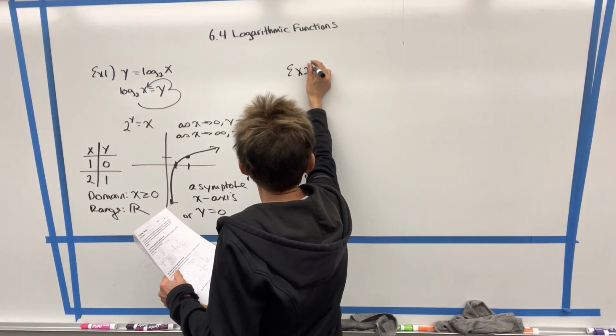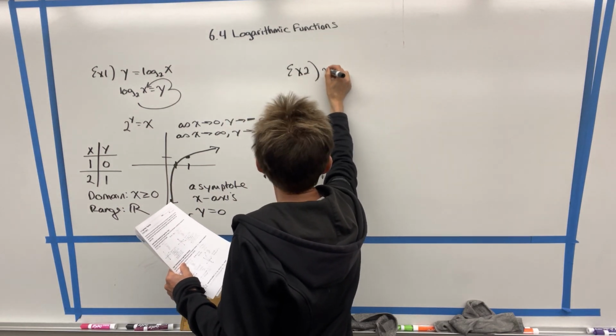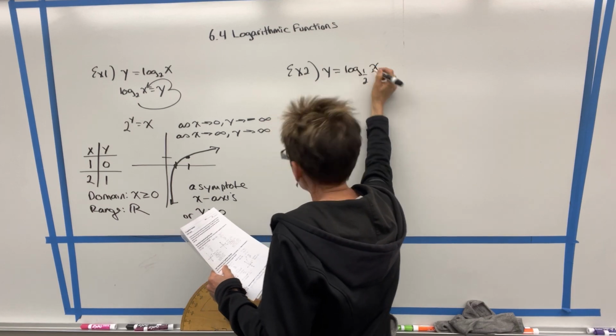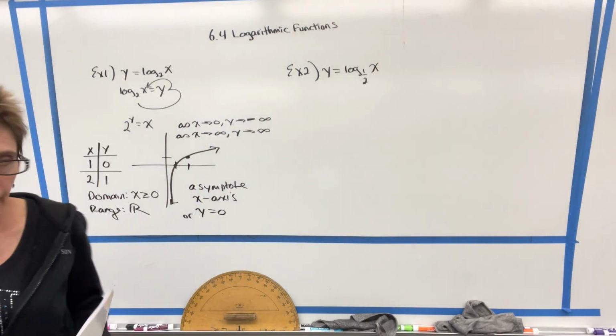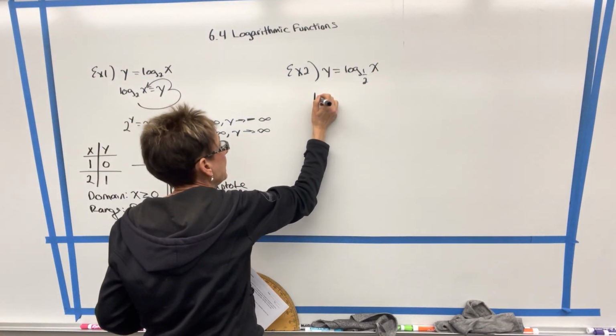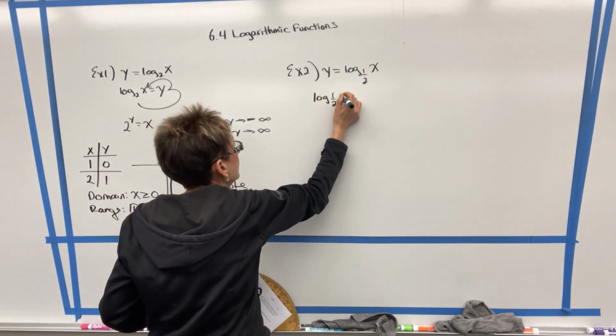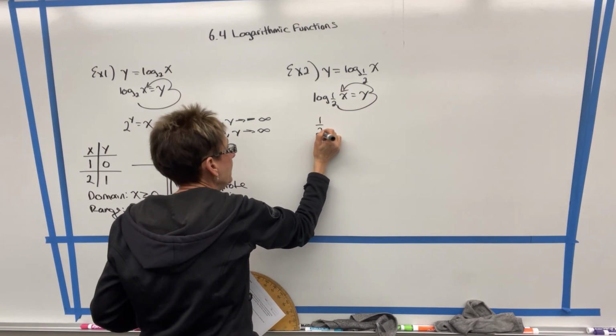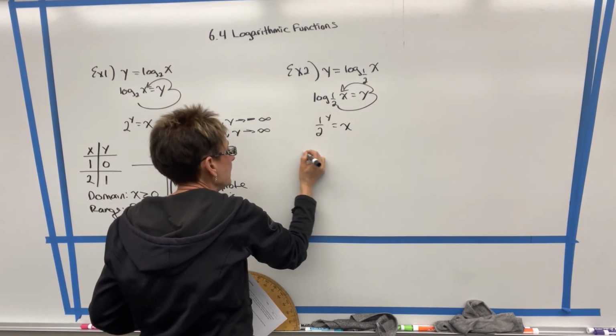Let's do another example, example number 2. Y equals log base 1/2 of x. Again, I like to flip the order here to make it easier for me to evaluate and then draw my heart shape. So I have 1/2 to the power of y equals x.